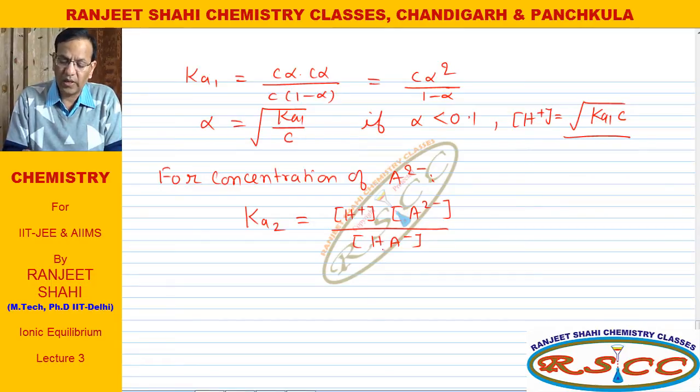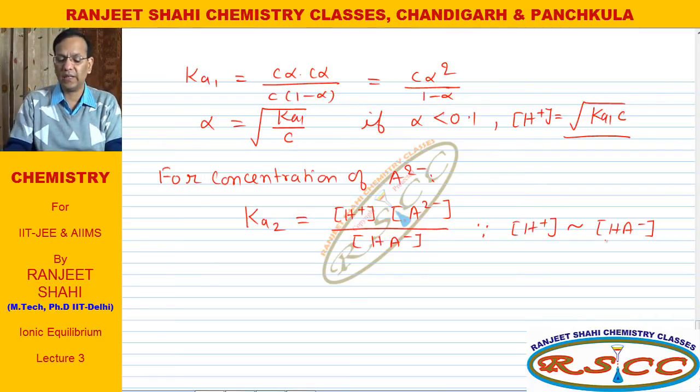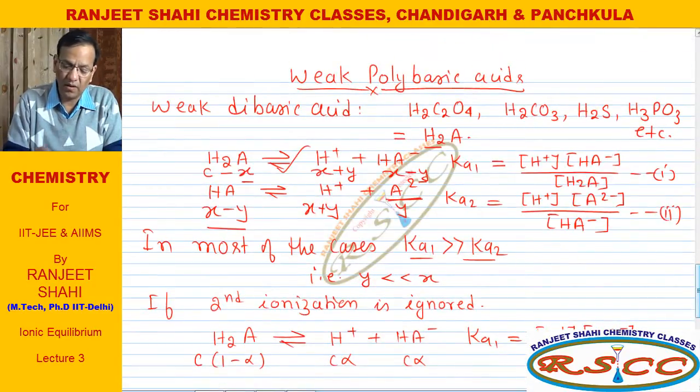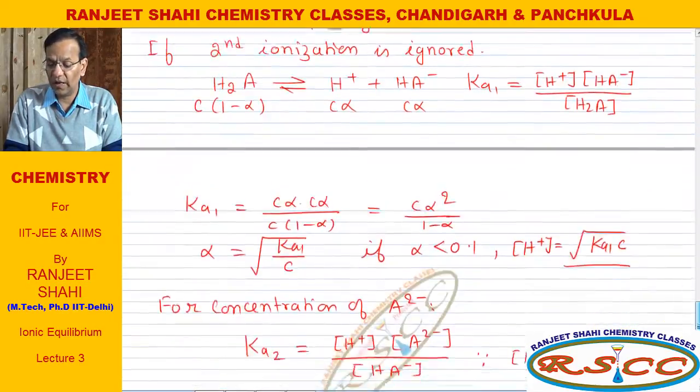Now, since we are ignoring second ionization in comparison to first ionization, as we have just seen, the concentration of H plus is approximately equal to the concentration of HA minus, since we are ignoring second ionization. So, Y is negligible in comparison to X. So, X plus Y is X, X minus Y is X. So, the hydrogen ion concentration is almost equal to the concentration of HA minus.